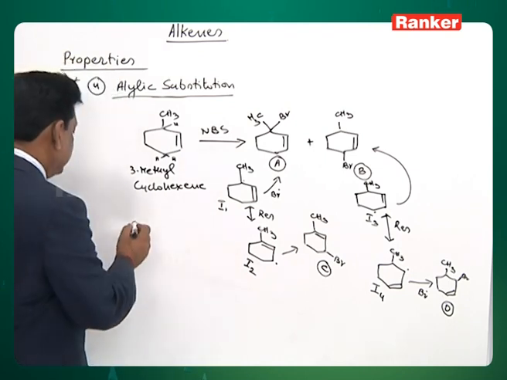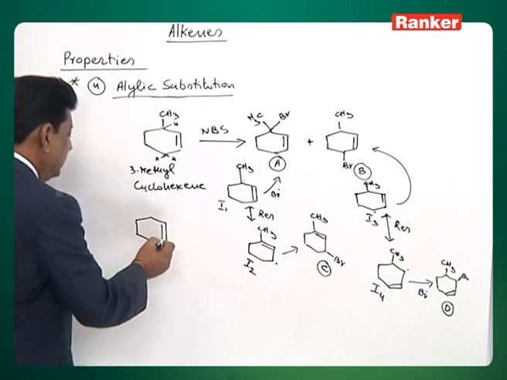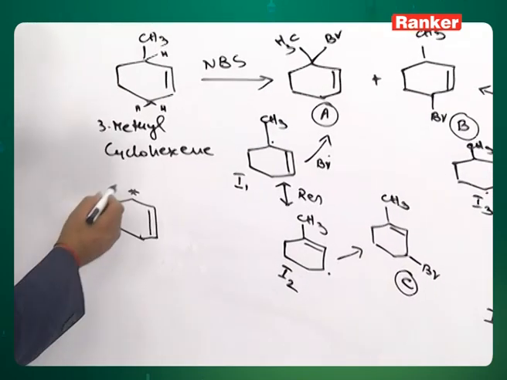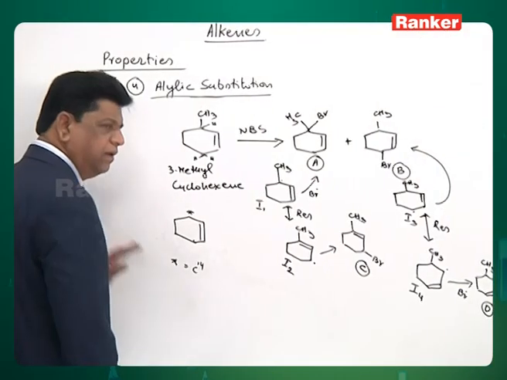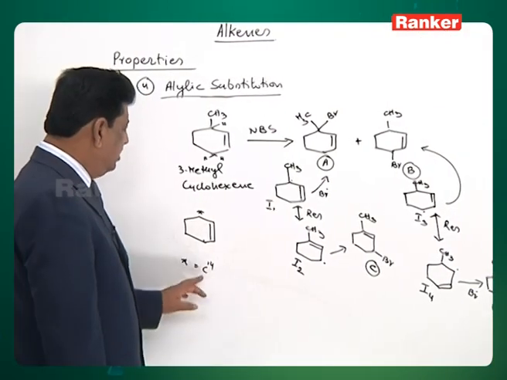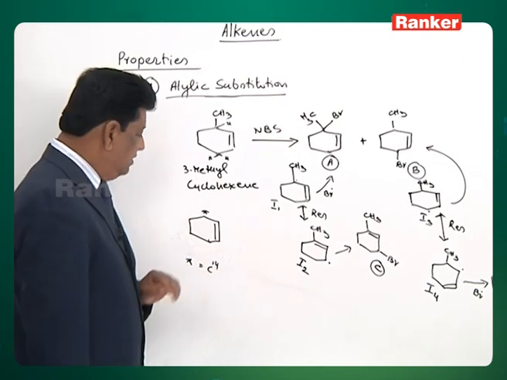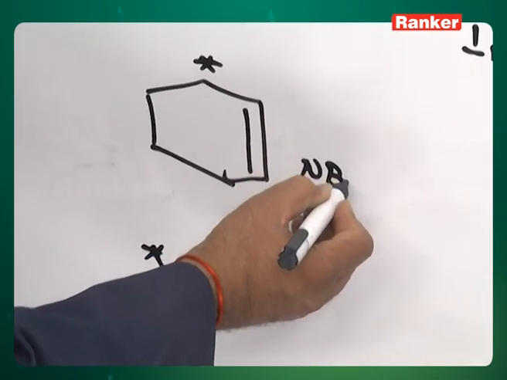Once this question was asked: instead of this methyl group, he said there is a carbon with a star. The star means C14. That means generally C12 carbons will be there, and at this carbon, if C14 is there, then what comes with NBS? That was his question.